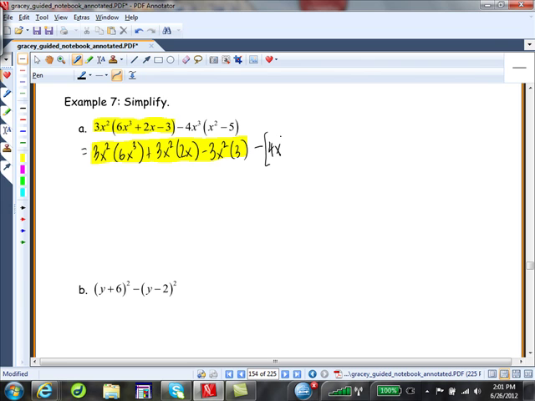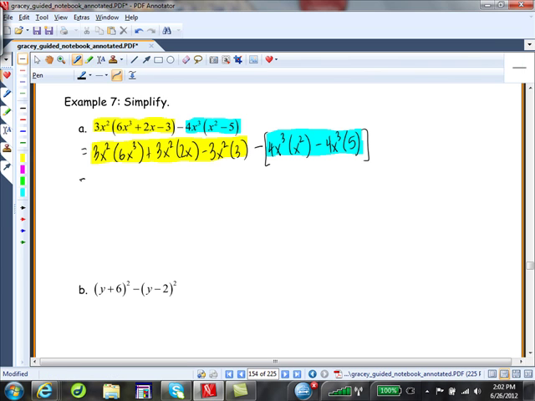We're going to have 4x cubed times x squared and then minus 4x cubed times 5. Now yours might look a little different if you were taking that minus into account right away. What I did here, it's only the 4x cubed times quantity x squared minus 5 is what this is in here.